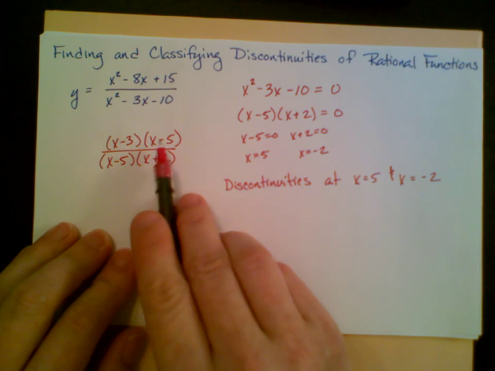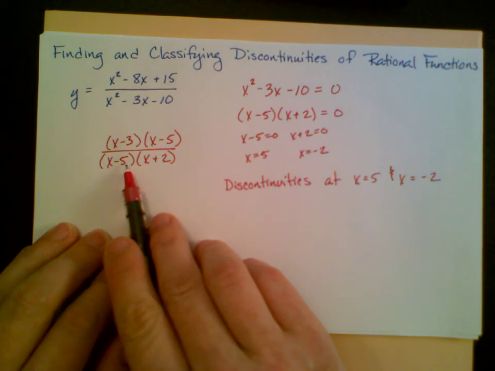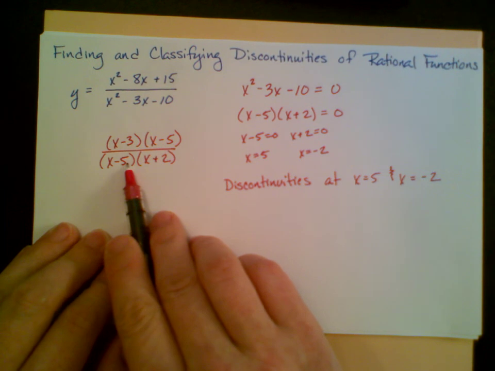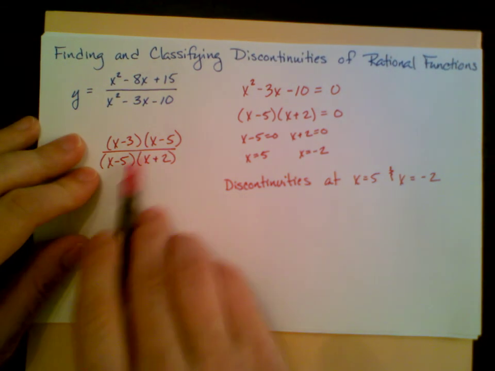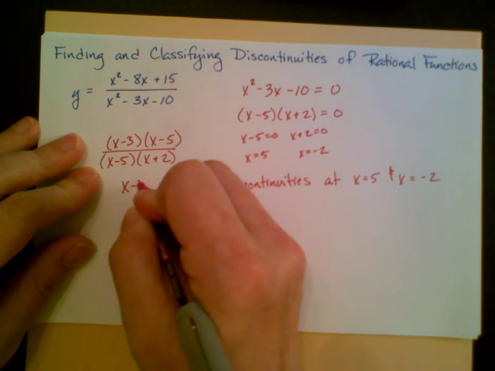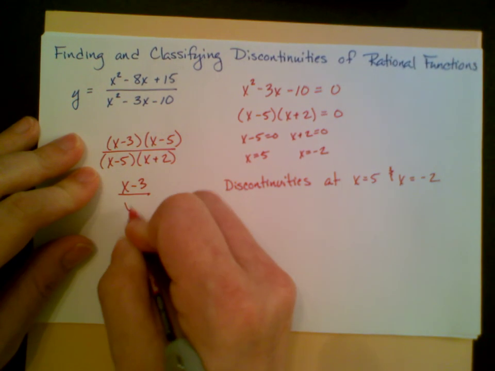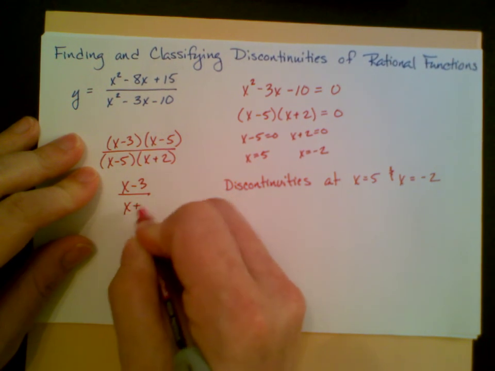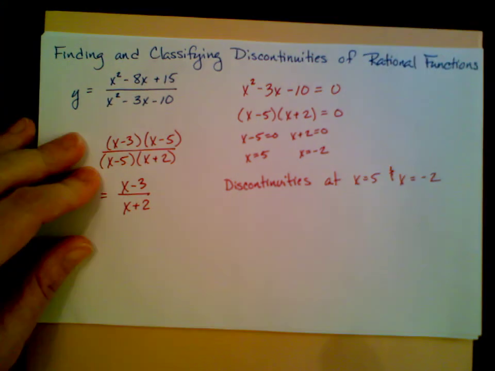Notice that my numerator and my denominator have a common factor of x minus 5. So if I cancel that out, I'm left with x minus 3 over x plus 2.